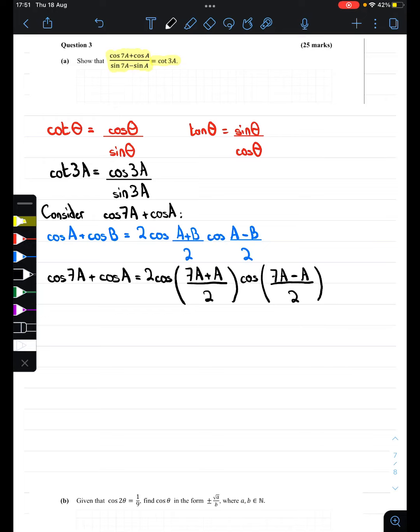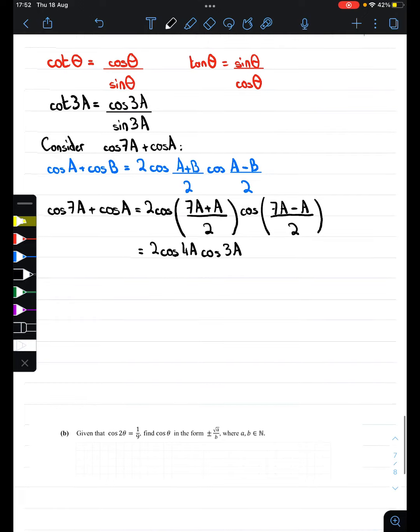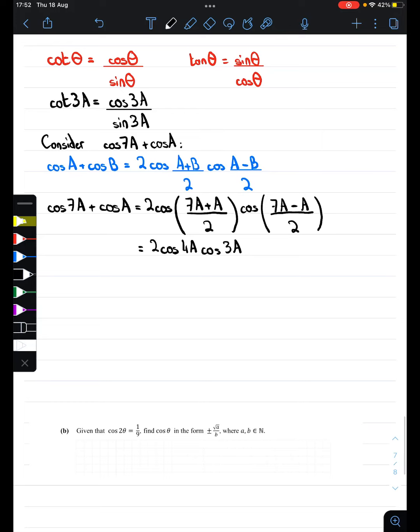So we're making some progress here. Simplifying, this is 2 cosine 4a, since 8a over 2 is 4a, and then cosine of 3a, since 6a over 2 is 3a. So we've simplified the numerator somewhat.